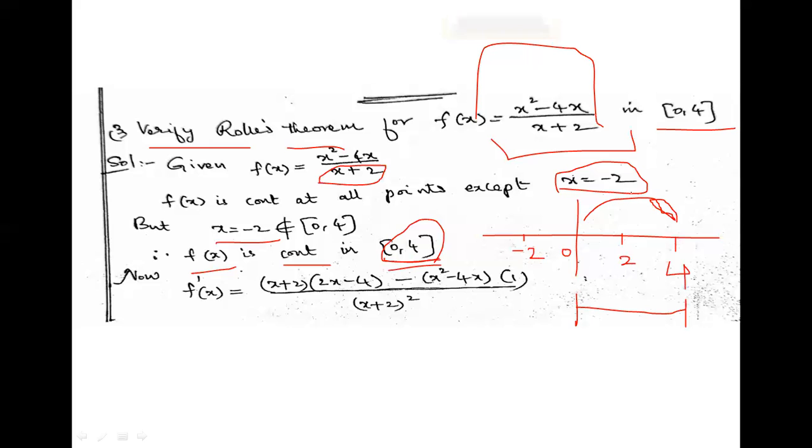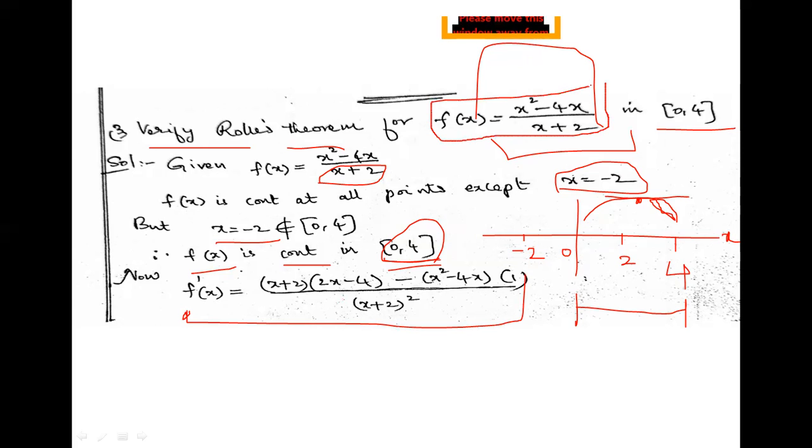Now we have to find a point c over here. If you draw the tangent, it should be parallel to your x-axis. How are we going to find this? Find f dash of x, the differentiation of this equation.